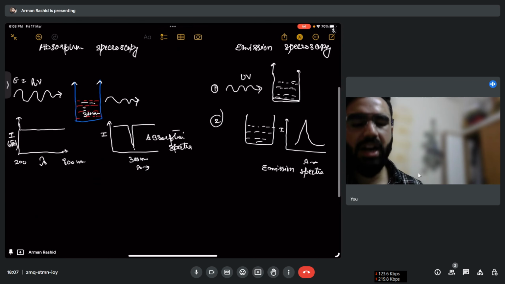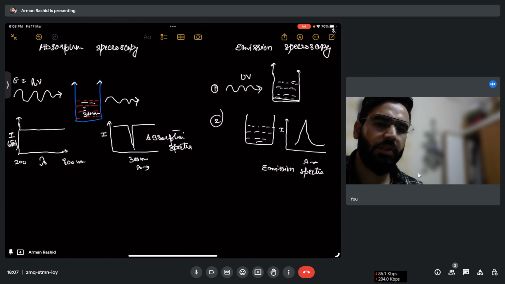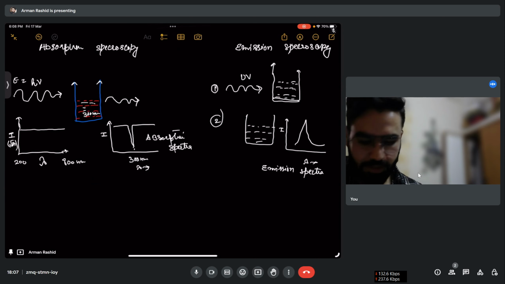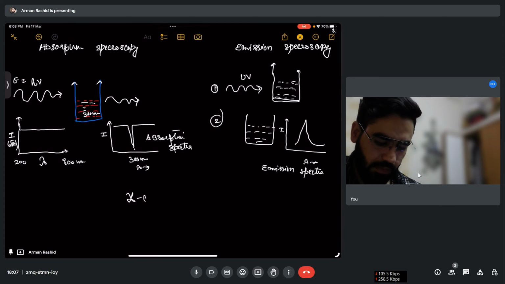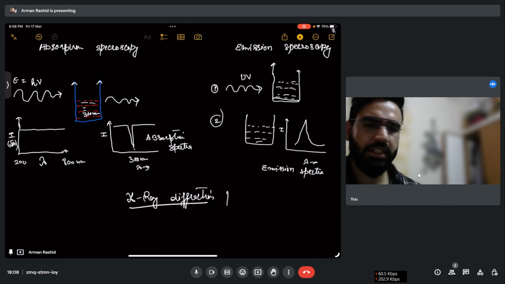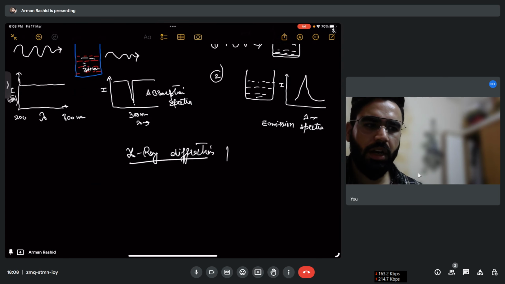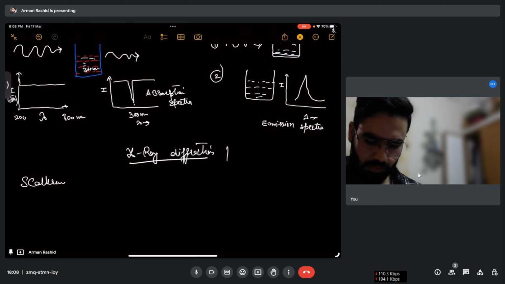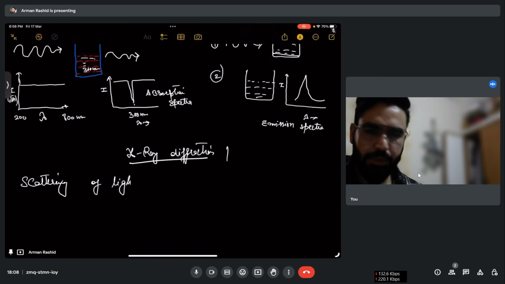There are other types of spectra. Actually, those are not spectra. You might have seen a concept called an X-ray diffraction pattern. In case of X-ray diffraction, we are actually looking for scattering of light, not the absorption or the reflection.